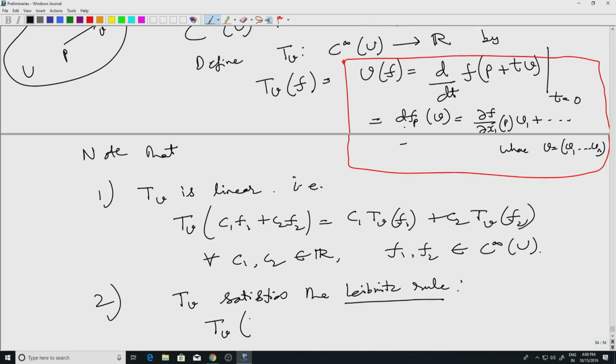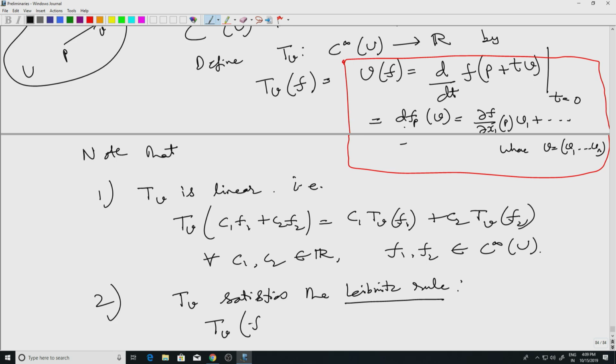Notice that C infinity U is not just a vector space, but also there's a multiplicative structure involved on this. So in other words, if I have two C infinity functions, I can multiply them and get another C infinity function. So let's do that.